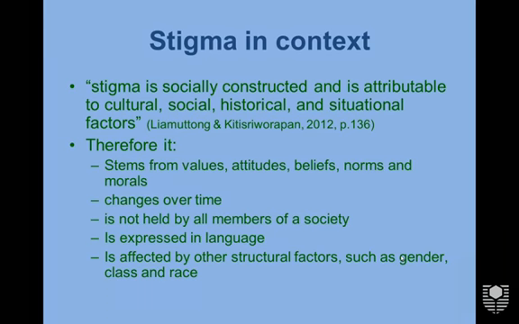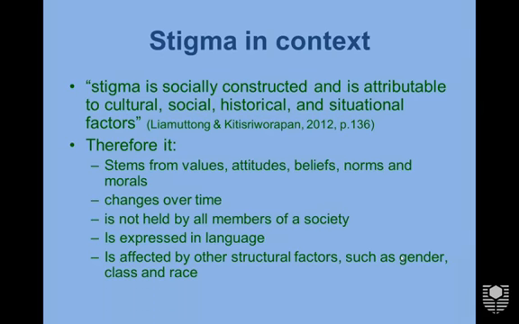Stigma is socially constructed and is attributable to cultural, social, historical, and situational factors. One of the 10 points of the Imagining Health Toolkit is that reality is socially constructed. We create these categories. We create the category of who is acceptable and who is not acceptable, who is better, who is not better, who is same, who is different. And they change according to context.